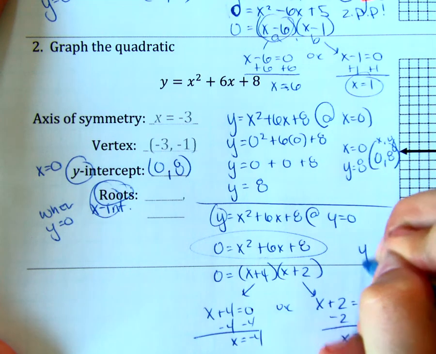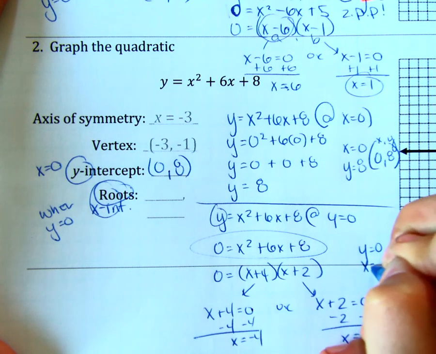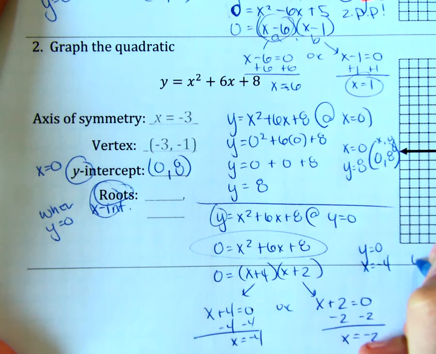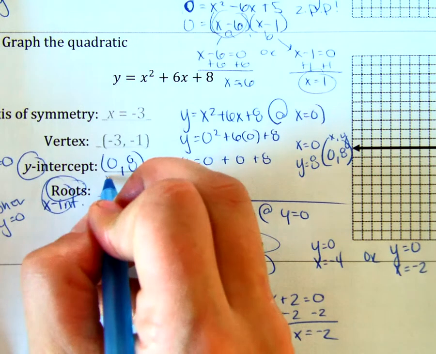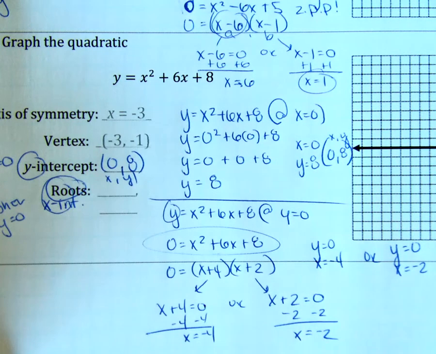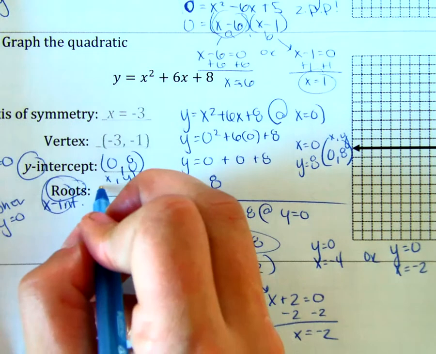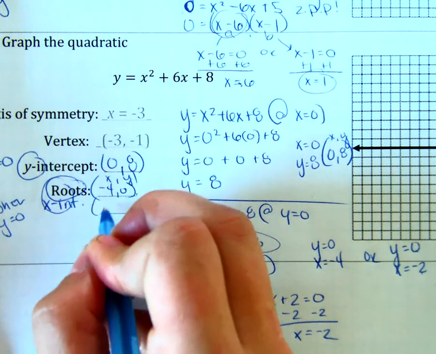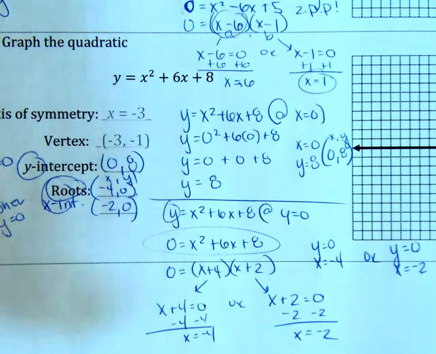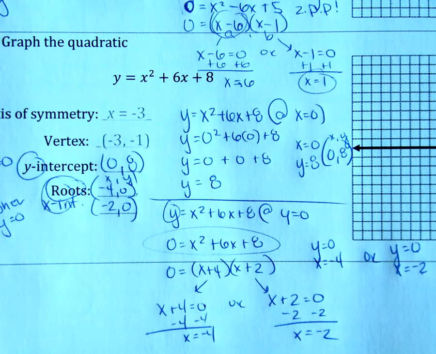So again, y equals 0 and x equals negative 4, or y equals 0 and x equals negative 2. So we'd write that as x comma y. Remember, it's x comma y. So negative 4 comma 0 or negative 2 comma 0. That's solving for x and y intercepts.